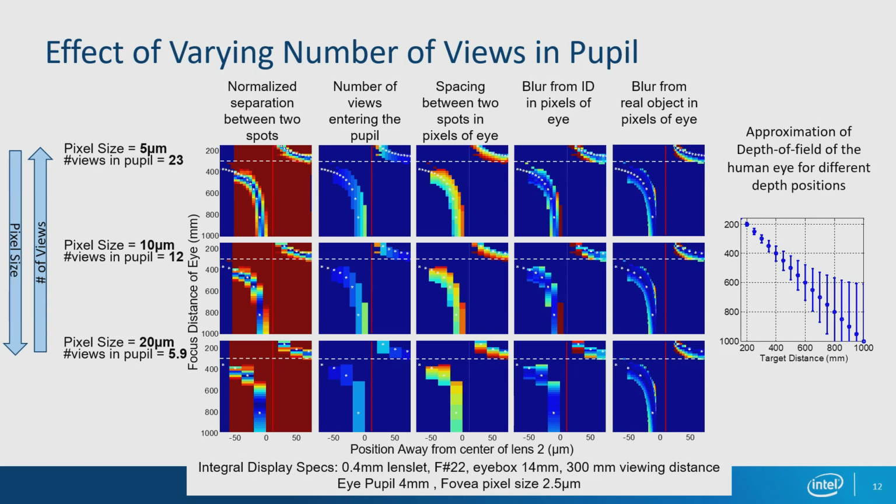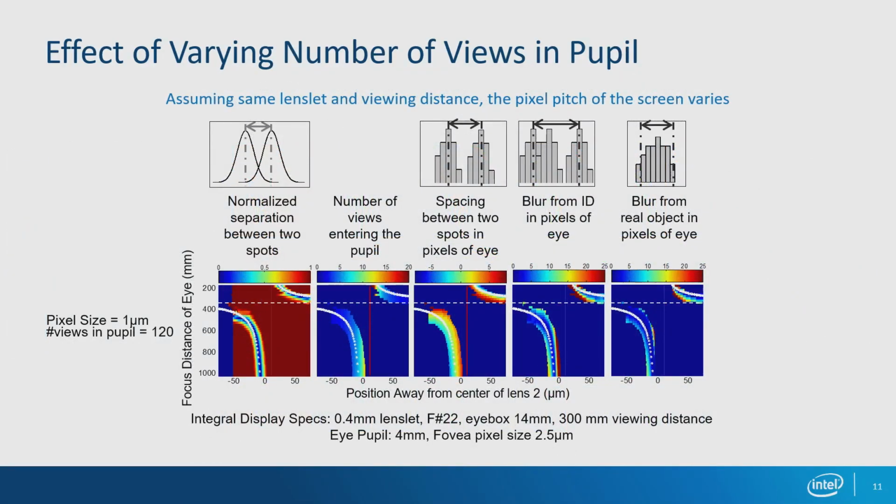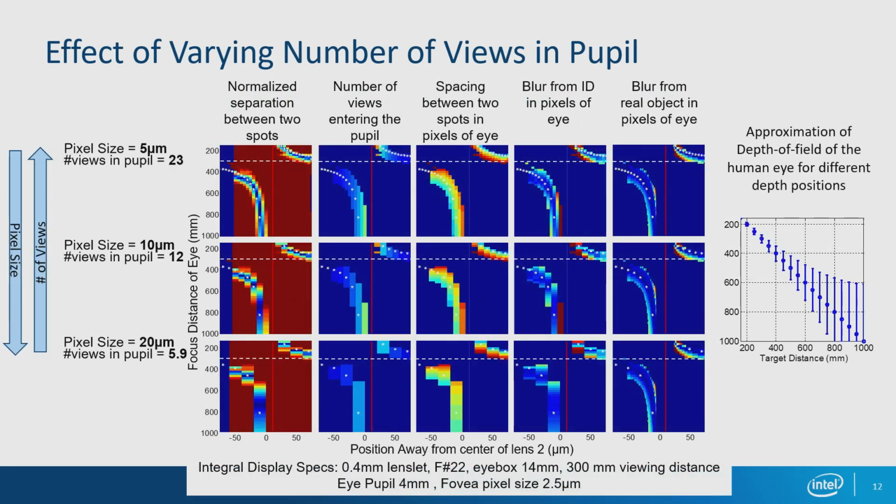So what I do now is that I vary the pixel size, since in the previous slide I had a very small pixel size of 1 micron, which a display doesn't exist for today. It has 120 views entering the pupil.